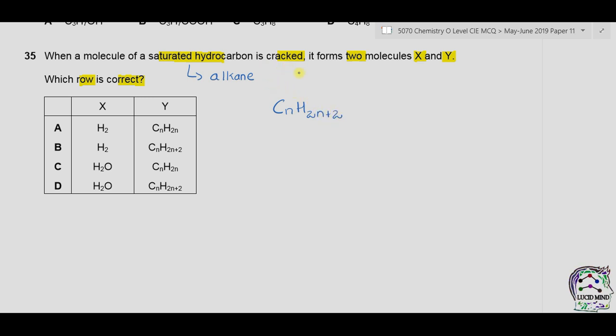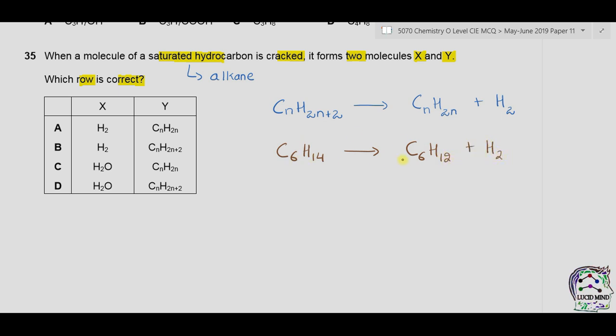When alkane is cracked, it forms alkene along with a molecule of hydrogen. For example, we have a 6 carbon alkane, which is C6H14. It can be cracked to give an alkene of 6 carbon atoms, which is C6H12, along with a hydrogen molecule.